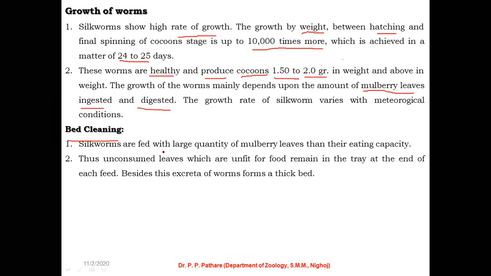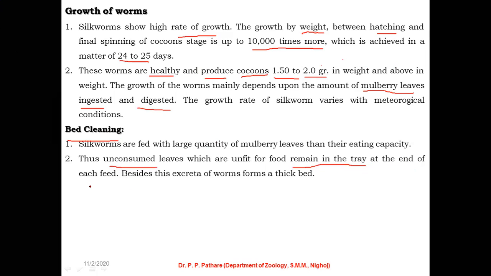Thus, the unconsumed leaves which are unfit for food remain in the rearing tray. You can imagine, as a sericulturist, you continue to provide food material, but not every bit of it is eaten by your silkworm larvae. Some unconsumed mulberry leaves and debris are always present in your rearing tray at the end of each feed.